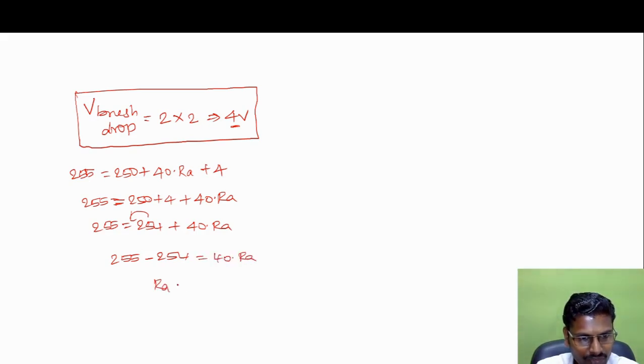Subtracting these two values, I get 1. So 1 is equal to 40 into RA, and from this RA is equal to 1 by 40, which is 0.025 ohm.